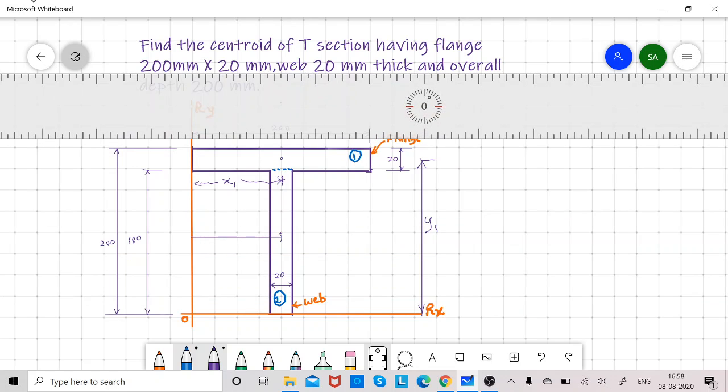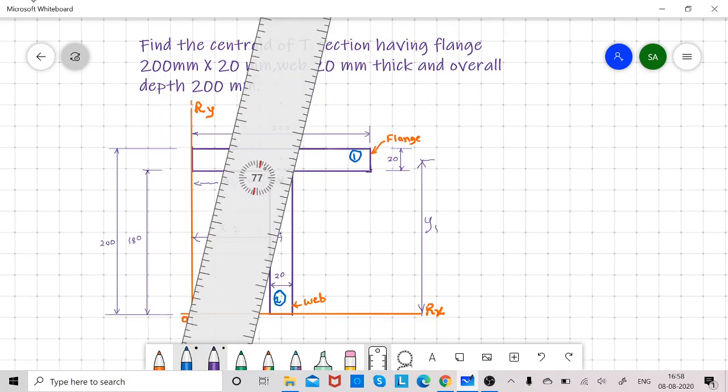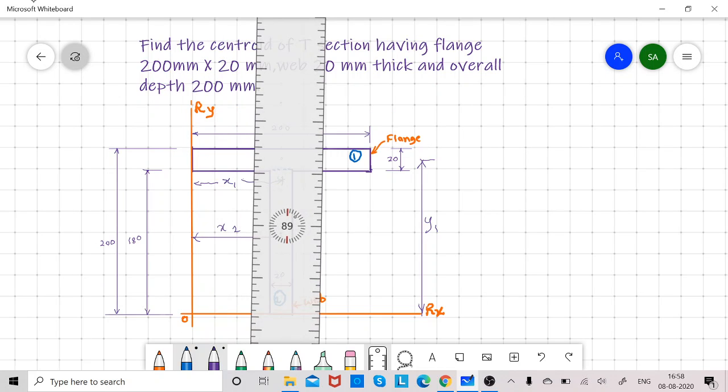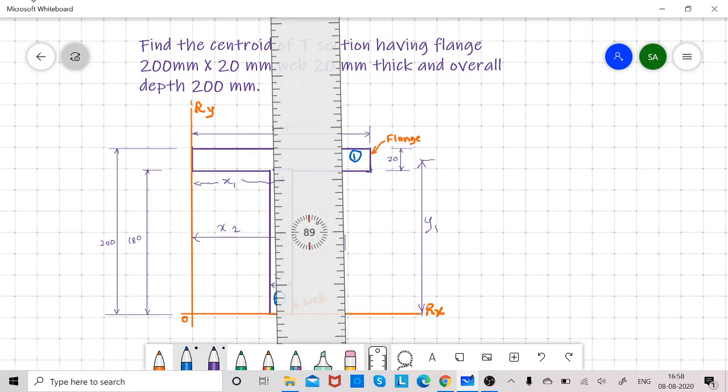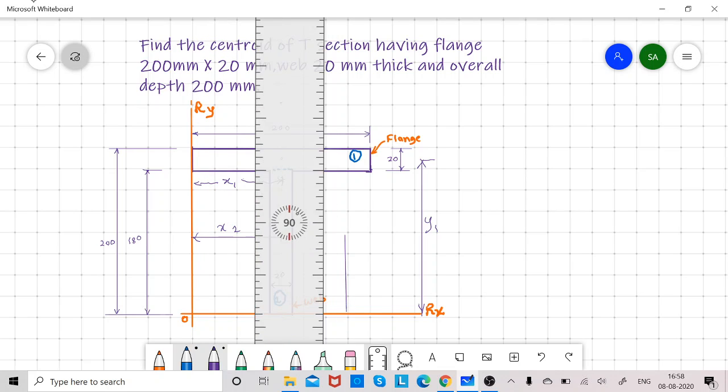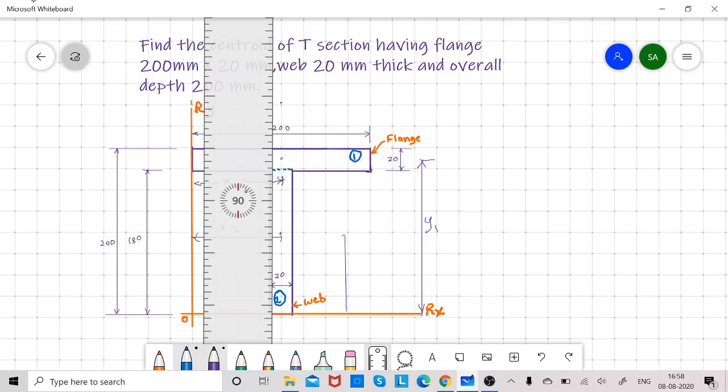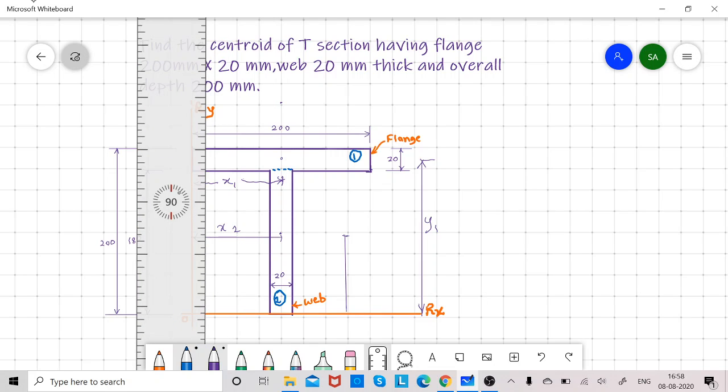So this is x2, and the vertical distance between the centroid of part 2 and the horizontal reference axis, that is rx, I will call y2.